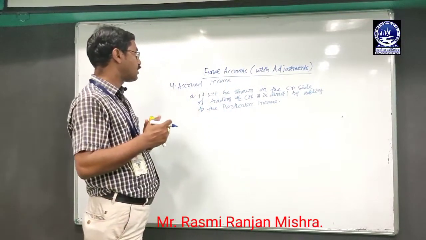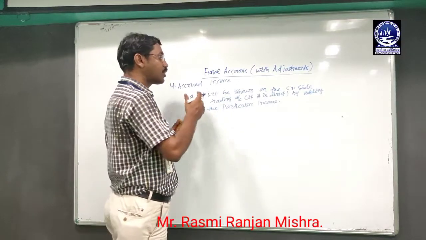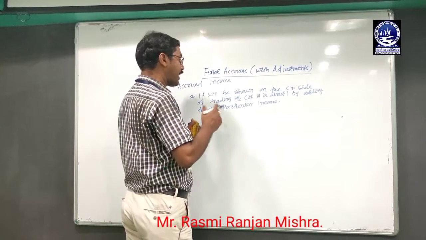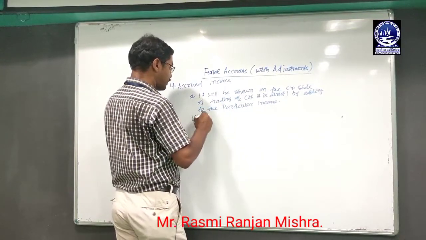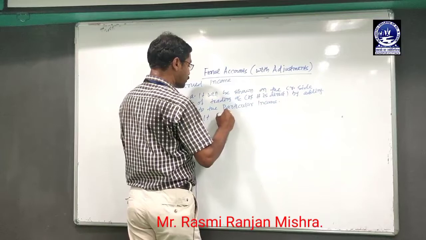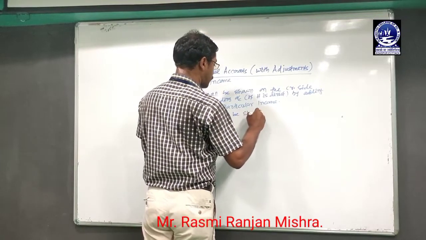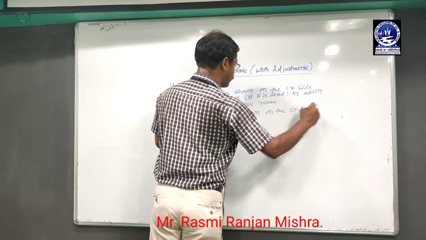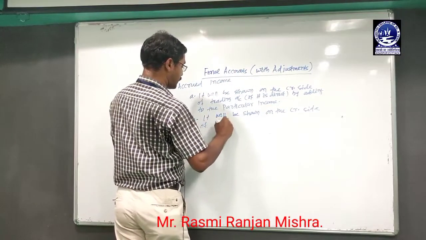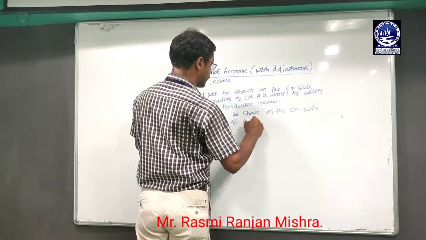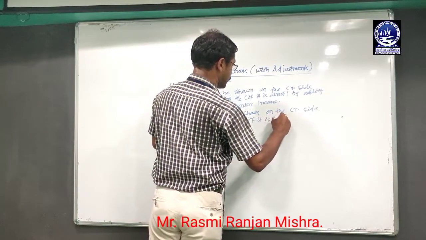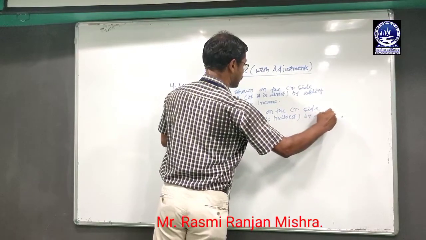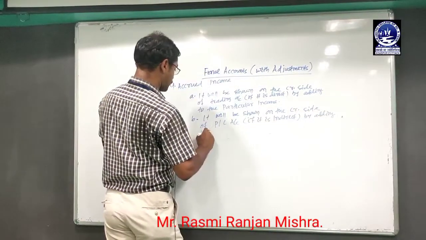So being an income that is earned but not received, we must show it on the credit side of the trading account if it is direct in nature, by adding to the particular income. If it is indirect in nature, it will be shown on the credit side of the profit and loss account, by adding to the particular income.